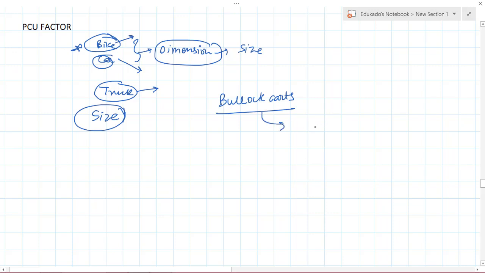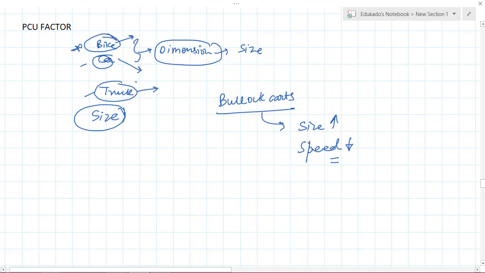Their size is huge, literally massive, and their speed is much lesser as compared to the bike, car and even trucks.